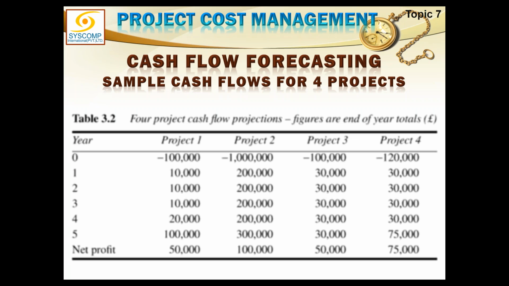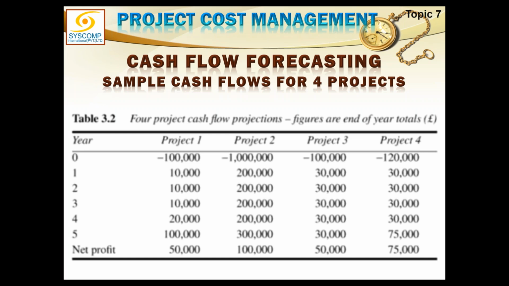So these positive figures shown against each year are the benefits. Whereas the negative figure which I have invested is my total cost.